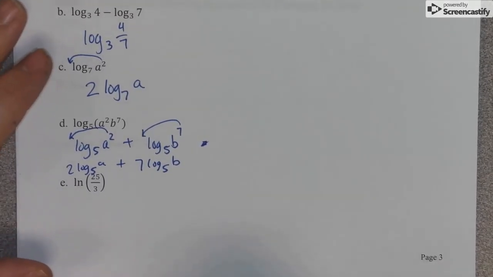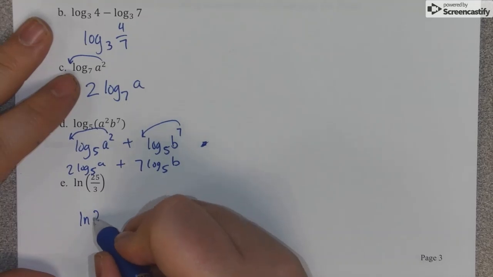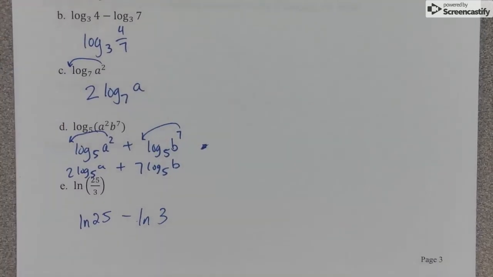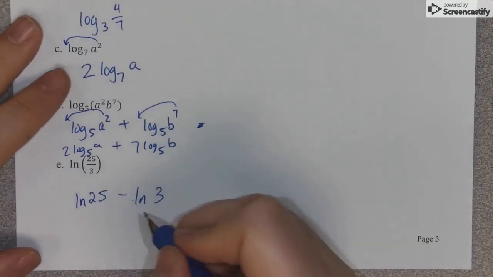Natural logarithm of 25 over 3. This is going to become the natural logarithm of 25 minus the natural logarithm of 3. And that's based on your quotient property. So division is going to become subtraction. So ln 25 minus ln of 3. There's nothing wrong with this answer, but we could rewrite 25 using the exponent.